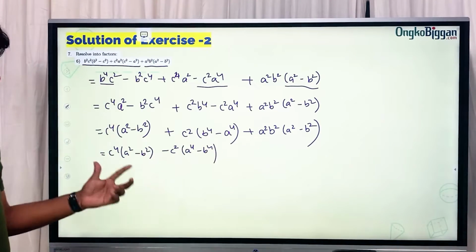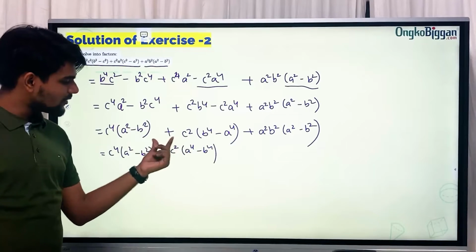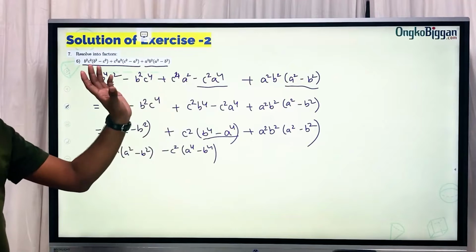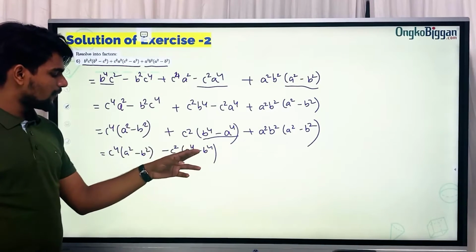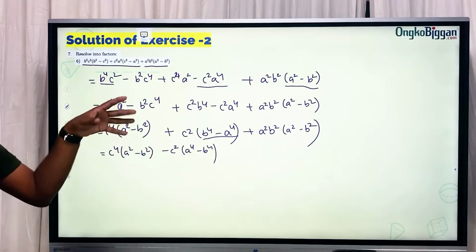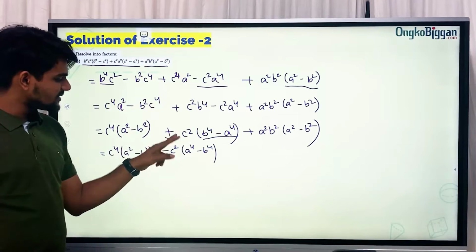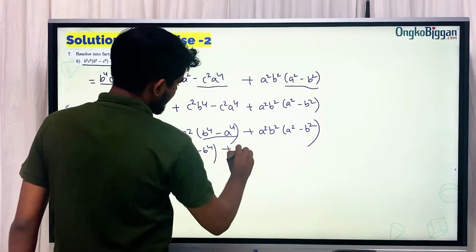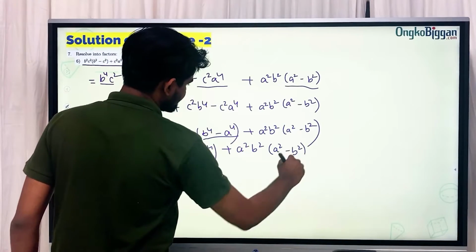Aren't they correct? I guess both of them are correct. That is, we have taken minus common from this part, and it changed the sign. That is, it became a to the power 4 minus b to the power 4, and the common minus 1 got multiplied with this plus and became minus, and we finally have a square b square into a square minus b square.